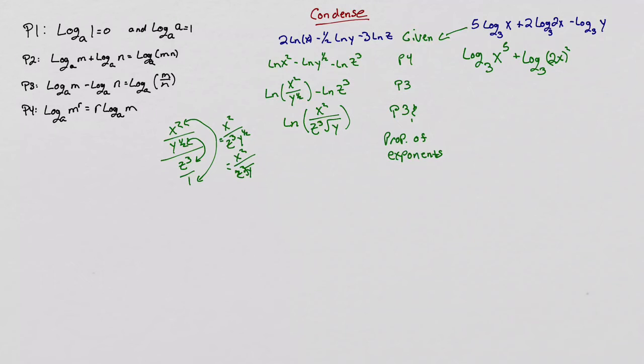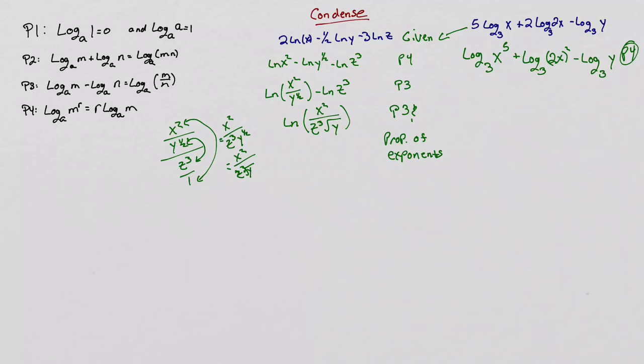You have to make sure that that square goes with both of them. And of course, then we have minus log base 3 of y. And of course, this is our fourth property, P4.